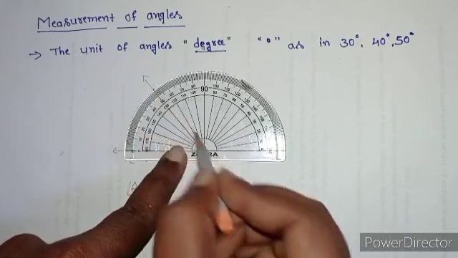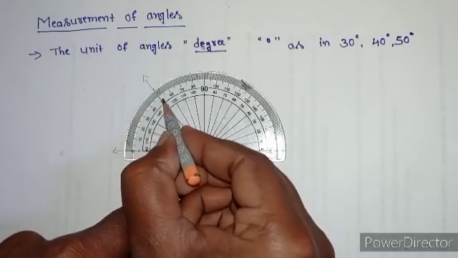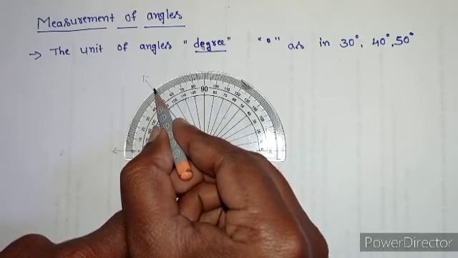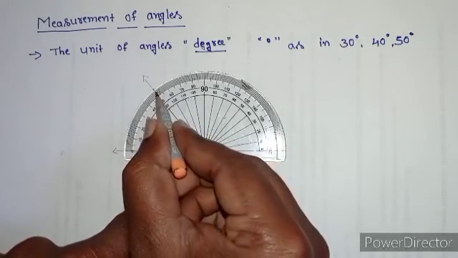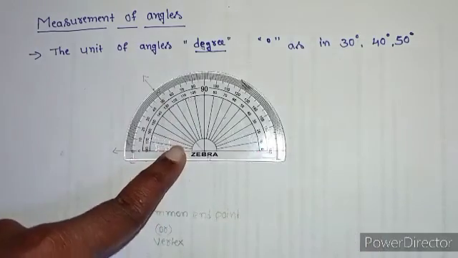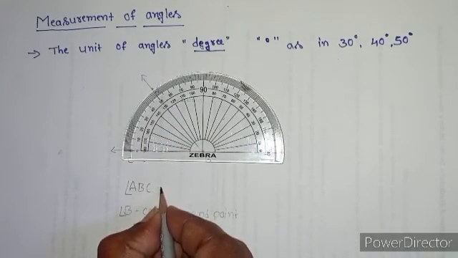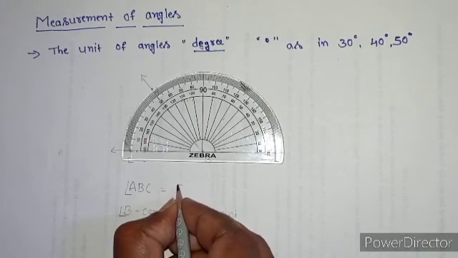This arm is the BA arm, and it is at 50 degree. So the measure of the angle here is 50 degree. Angle ABC is equal to 50 degree.